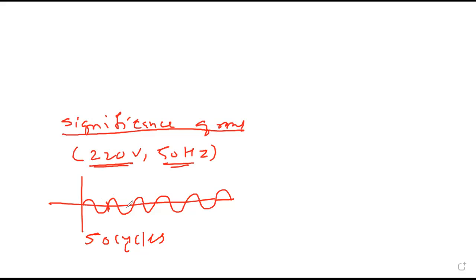One cycle, two cycle, three cycle. When I say 50 cycle, it has how many times 0? I'm asking the 0 value how many times? 3 times. Pardon? 3 times.